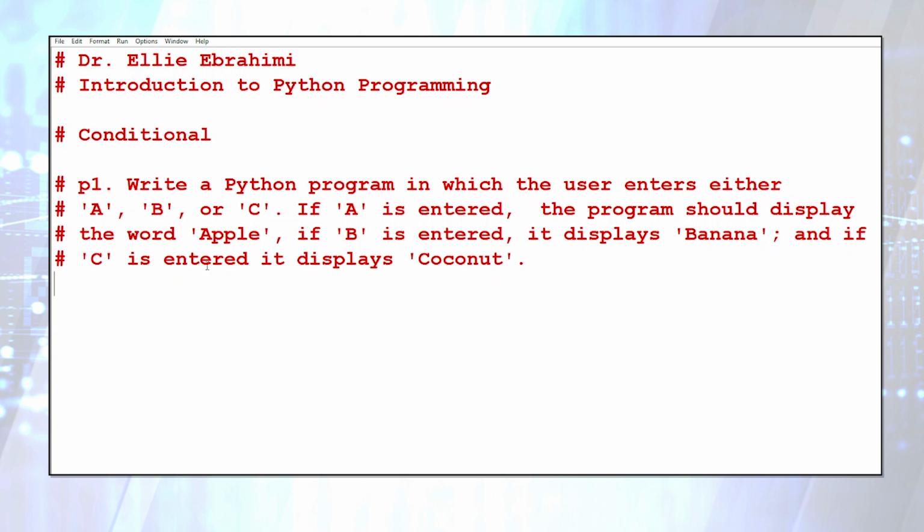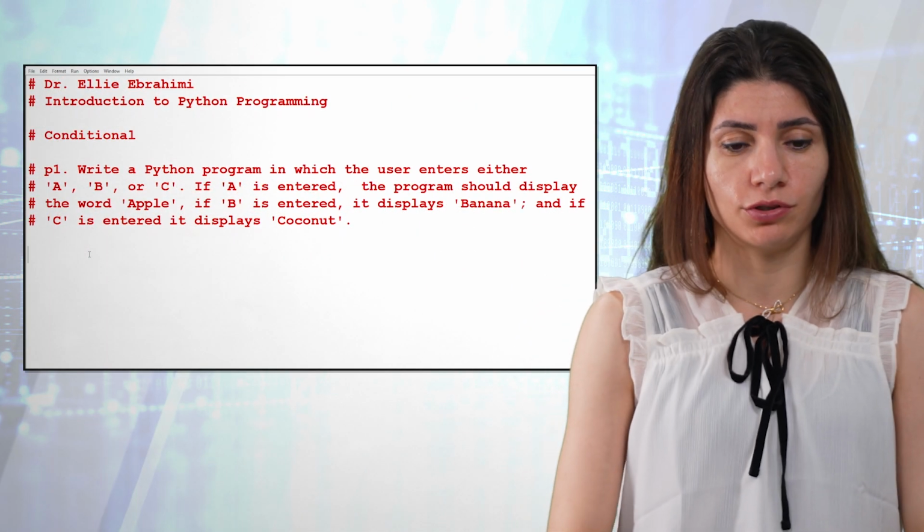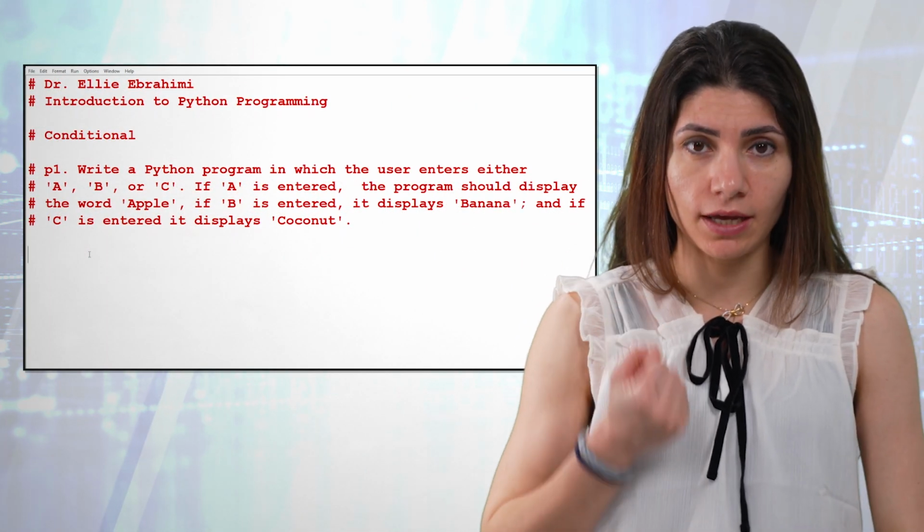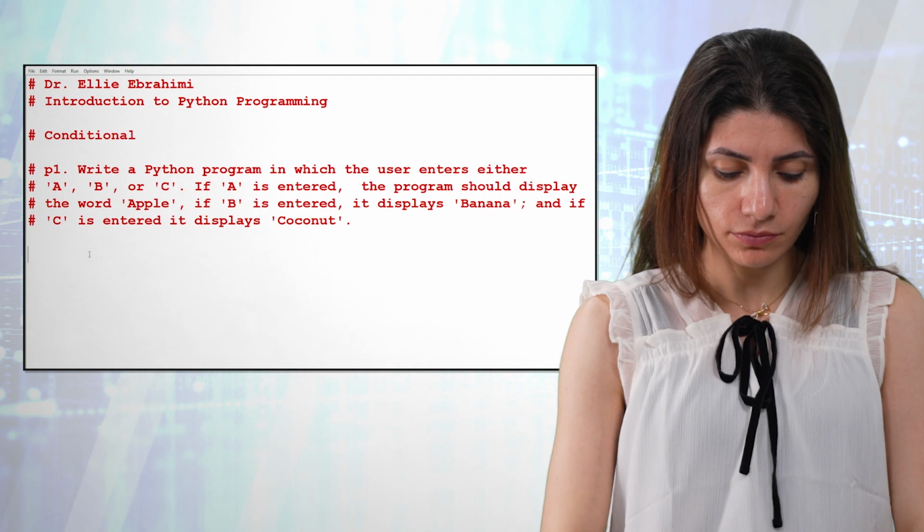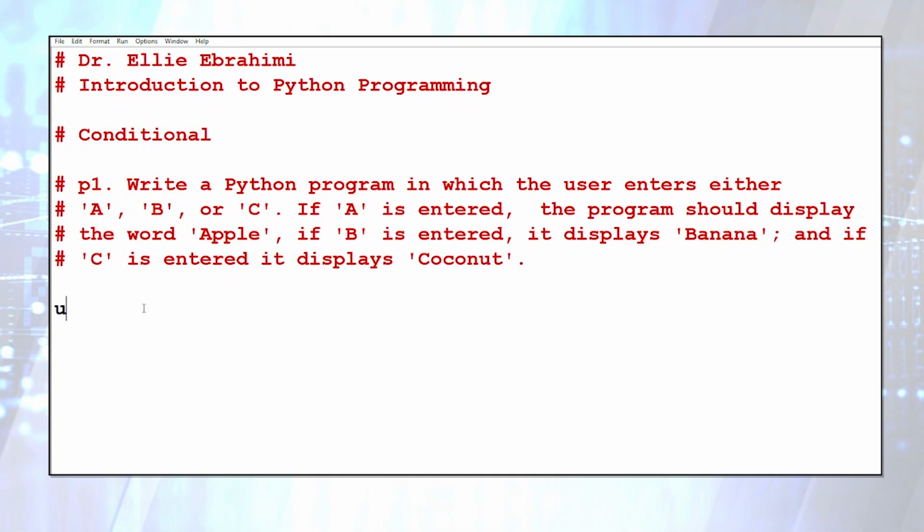The first thing we are going to do, as it says, is get an input from the user. So I'm going to call it user input. I'm going to use the function input to get a value from the user.